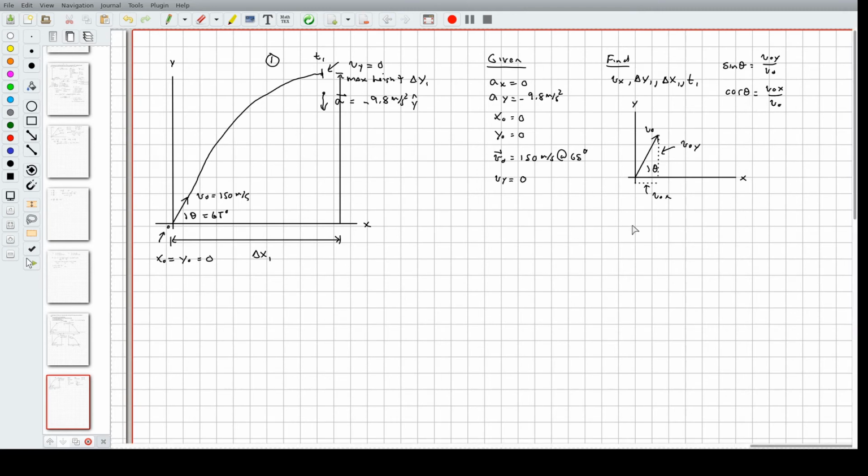So using these two, we can very easily find v naught y and v naught x. v naught y is v naught times sine of theta, and v naught x is v naught times cosine of theta. So let me plug the stuff in here. v naught we know is 150 meters per second. Sine of theta is 65 degrees. This is 150 meters per second, cosine of 65 degrees. So let's go ahead and plug this stuff into our calculator and find out what we get.